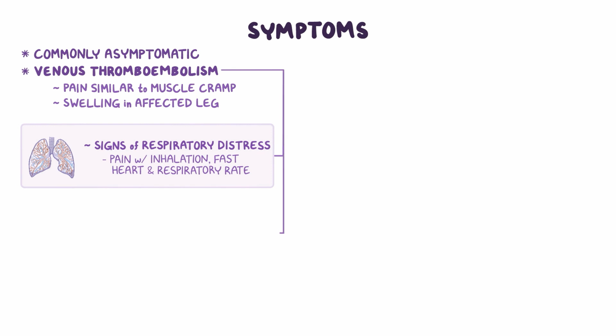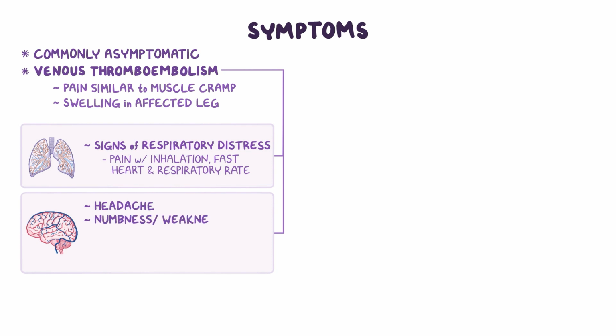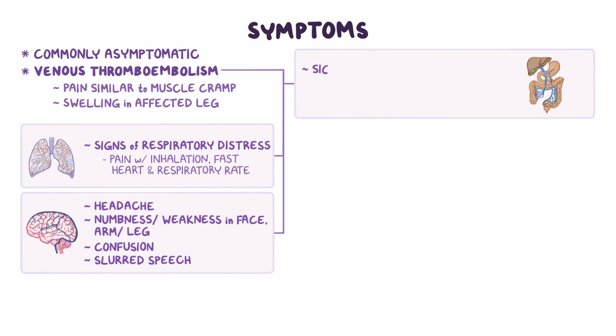If clots get lodged in the cerebral vessels, which usually occurs in a vein, it could cause headache, numbness or weakness in the face, arm, or leg, confusion, or slurred speech. Clots can also occur in veins in the abdomen, potentially causing signs or symptoms associated with injury to the liver, spleen, or intestine.